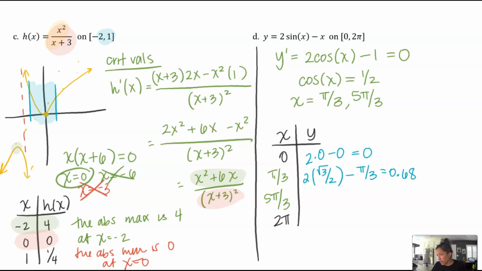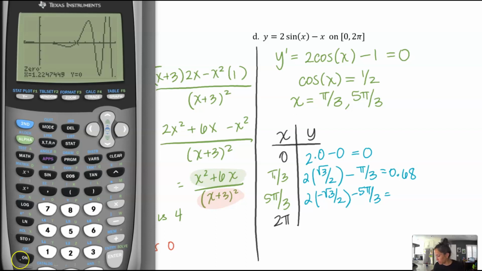5 pi over 3, all students take calculus. We're in quadrant 4. Sine is negative. So this is going to be 2 times a negative root 3 over 2 minus 5 pi over 3. Maybe I'll be good and do it on my actual calculator right here. I hate it, but I'll do it.